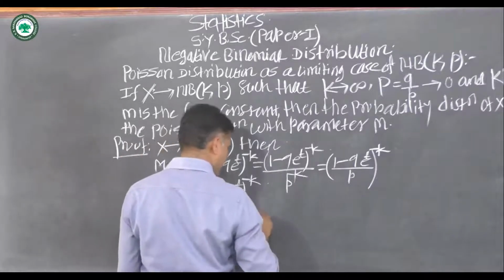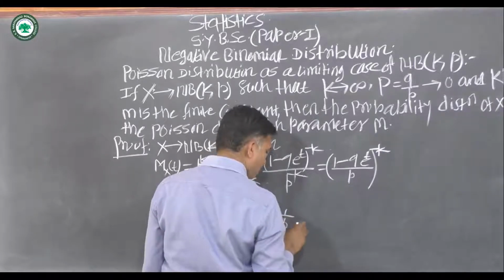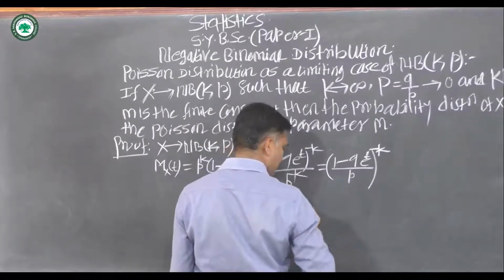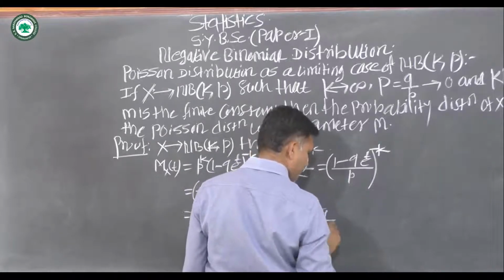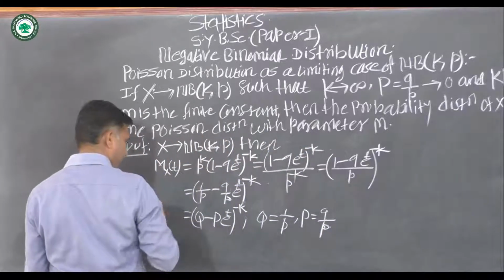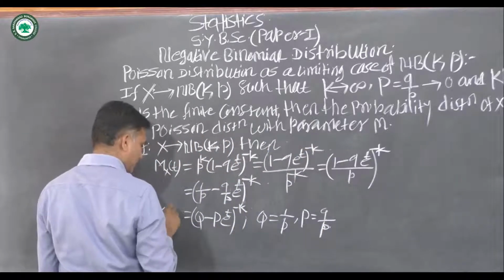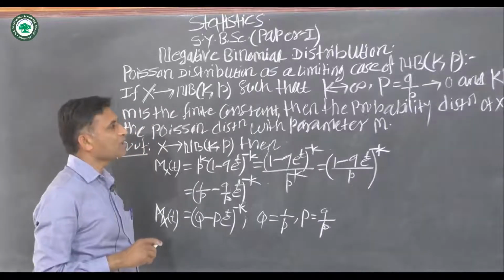Here capital Q is equal to 1 upon p and capital P is equal to q upon p. This is the moment generating function of negative binomial distribution.